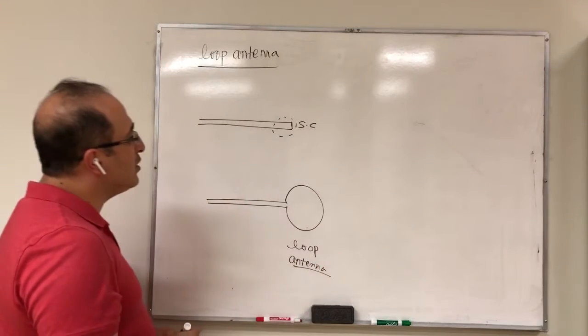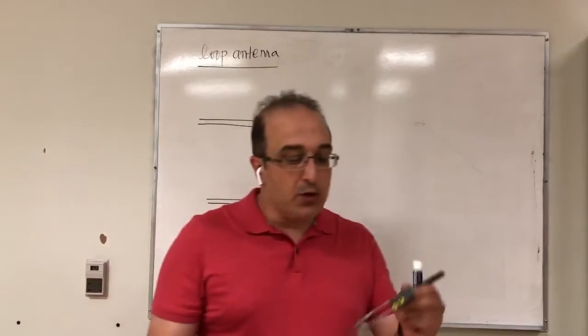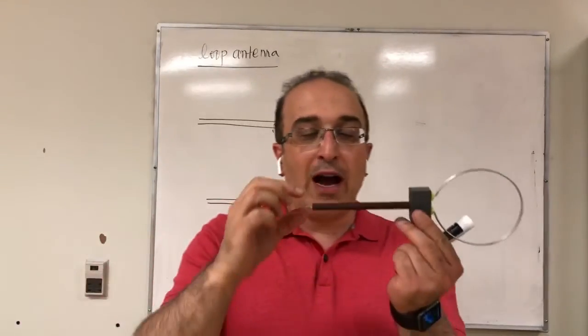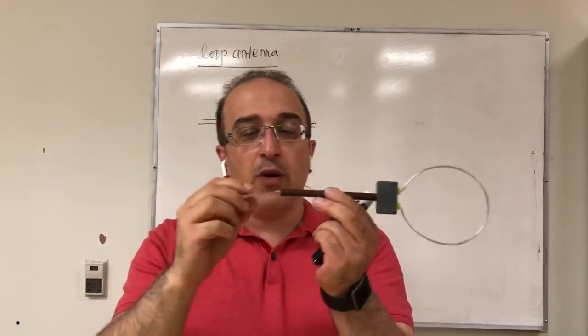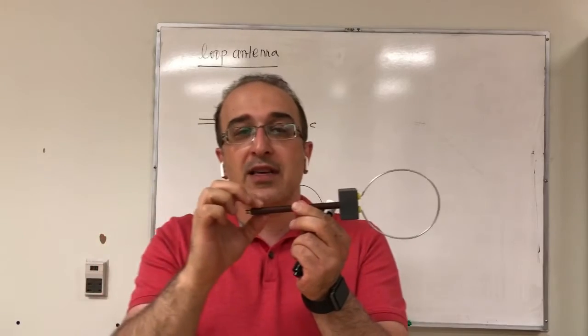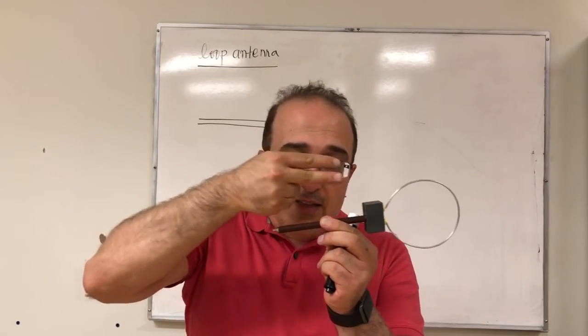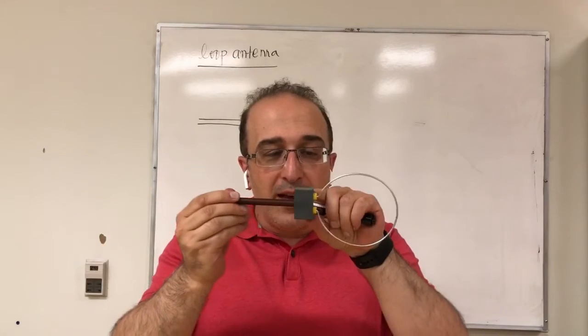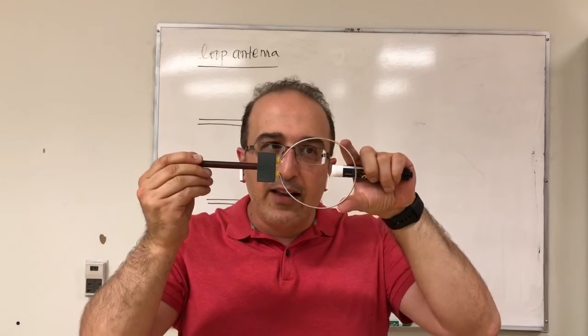So this is, let me have an example for you. So this is, for example, a coaxial cable. So you have a coaxial cable that comes. So inside coaxial cable, you have essentially two conductors that are very close to each other like that, extremely close. But then to make an antenna, you create separation between them like that to make a loop.